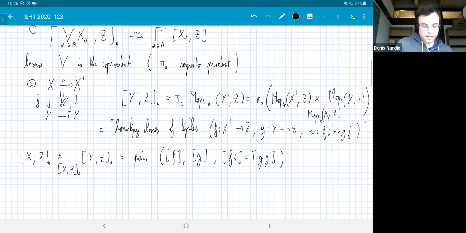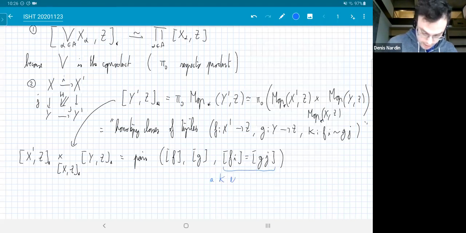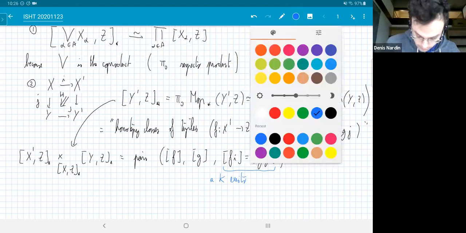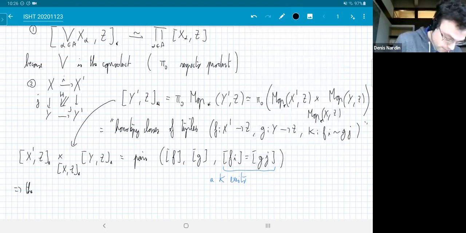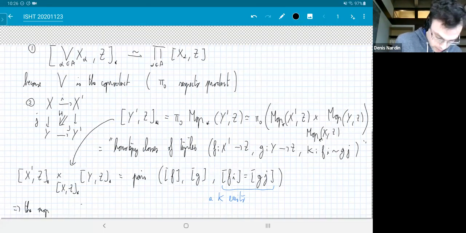So you see, this map going like this is just forgetting the data of the homotopy K. And it's surjective because it lands exactly in that situation where the homotopy exists. So the same K exists. So the map in 2 is surjective.